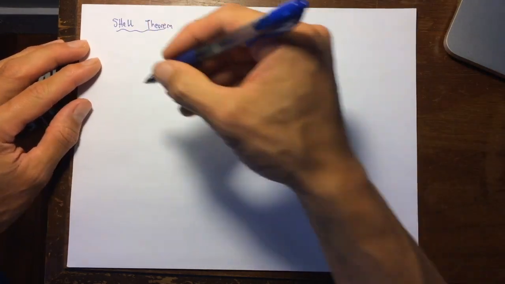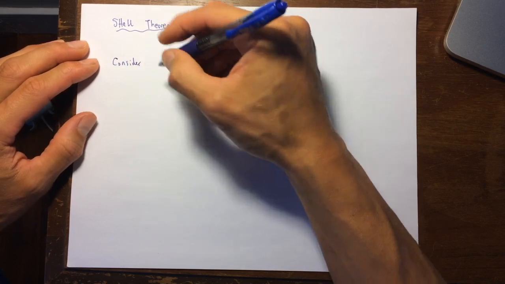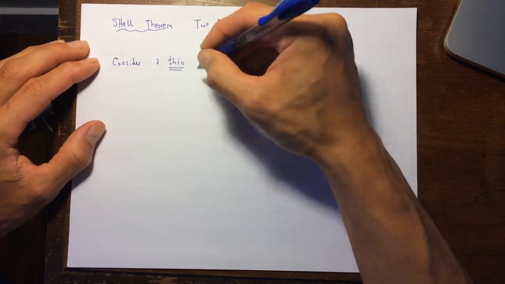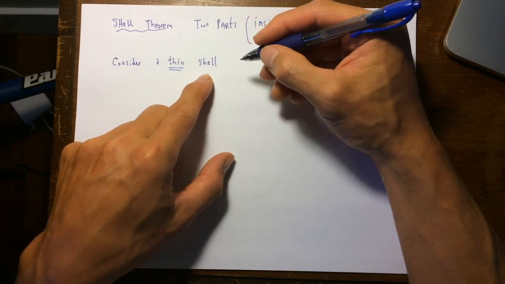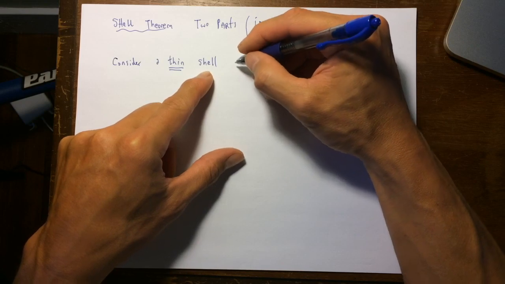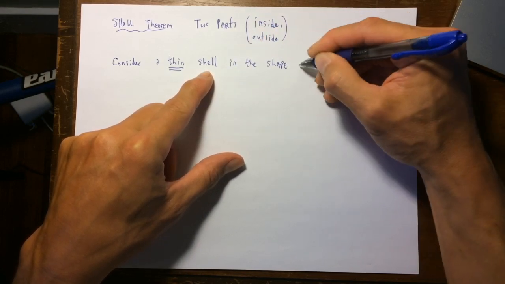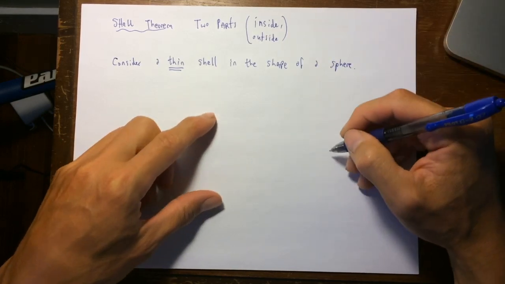So consider a thin shell in the shape of a sphere, right?